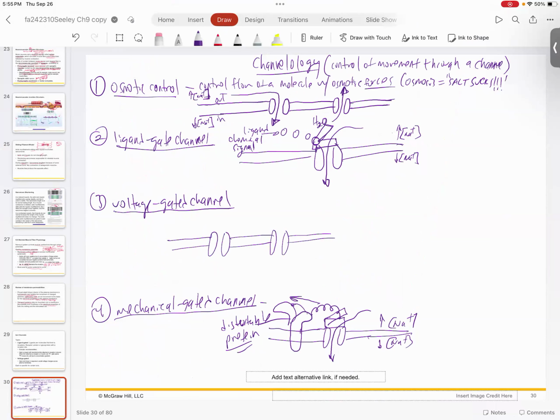So here's a series of channels. These guys are all going to be voltage gated. I'm going to put a big V right there.